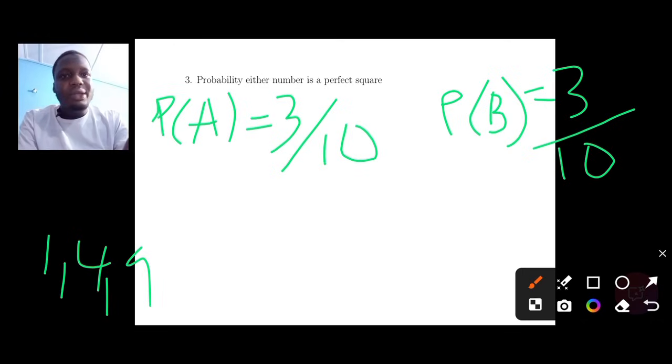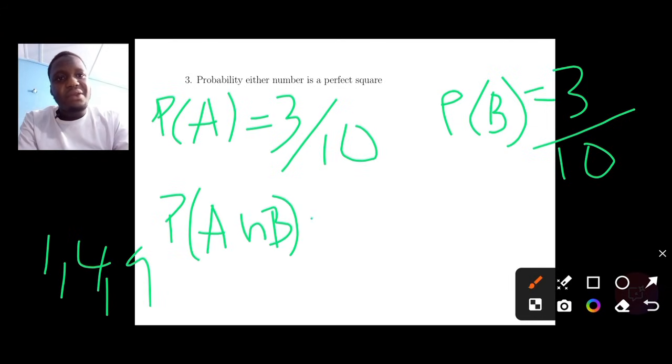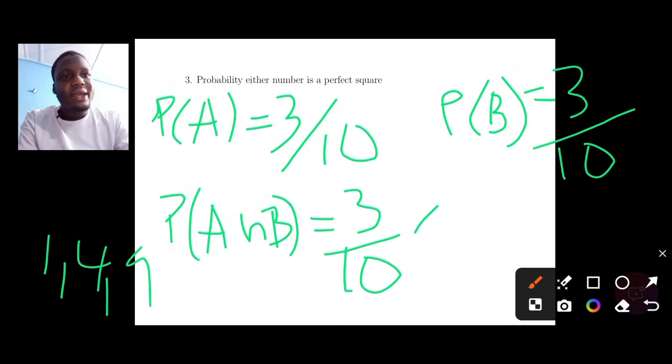Okay, now the probability of the first one being a perfect square and the second one being a perfect square. Remember, the activity is with replacement. So we have 3/10, so the first one is a perfect square and the second one is a perfect square.